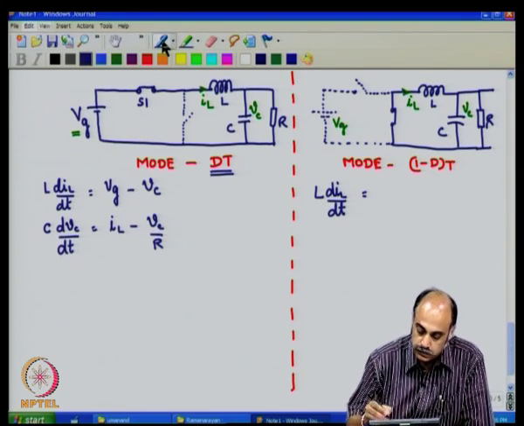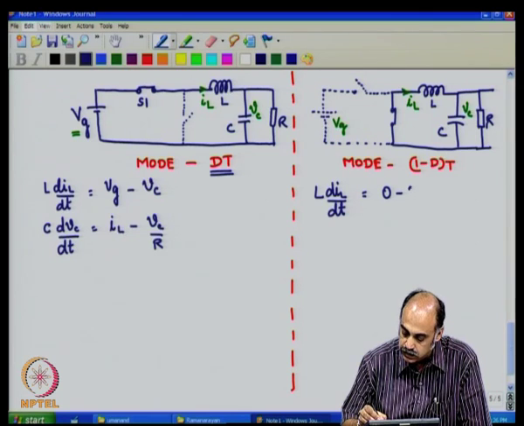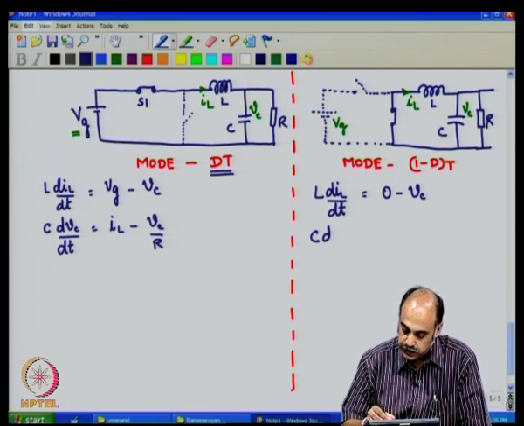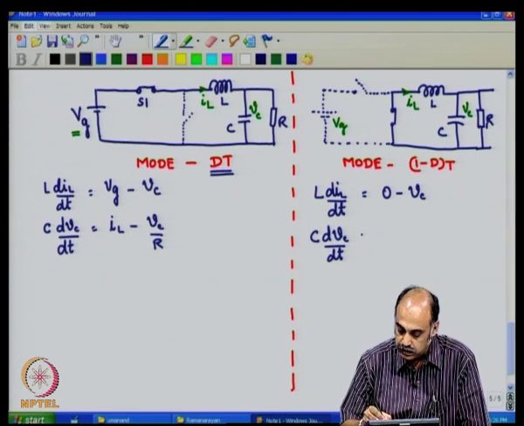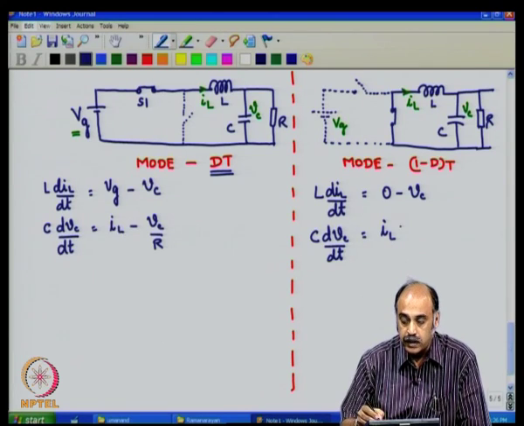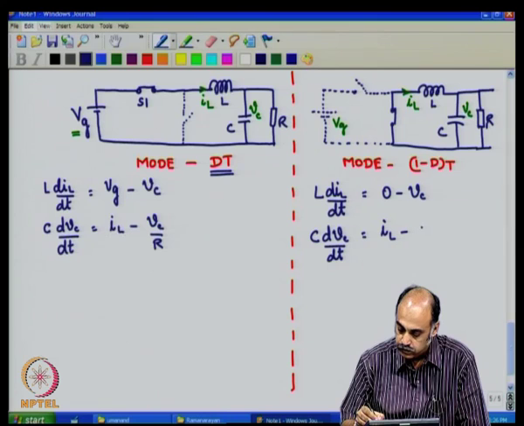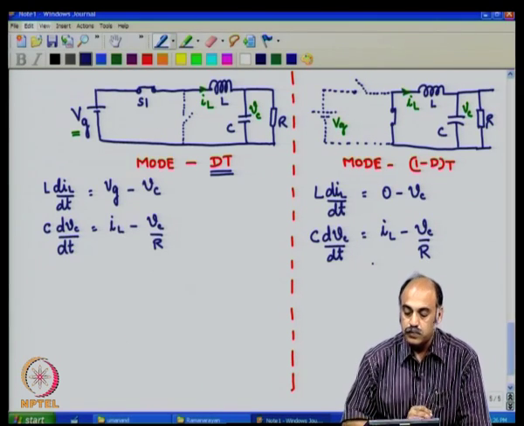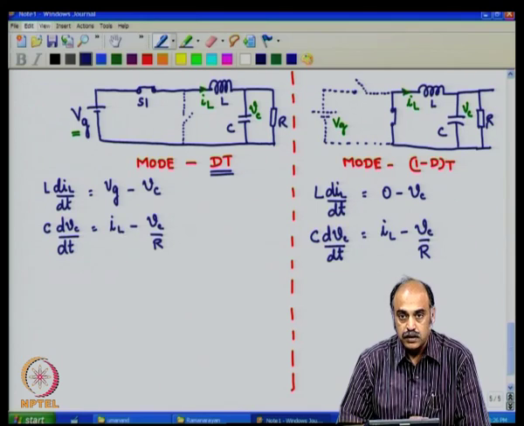So, you write it down as 0 minus Vc. And the capacitance equation, C dVc by dt, equals the current IL through the inductor minus the current which flows through the load resistor R.